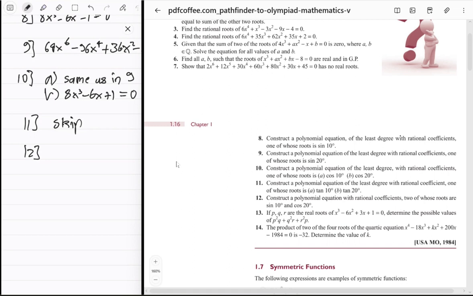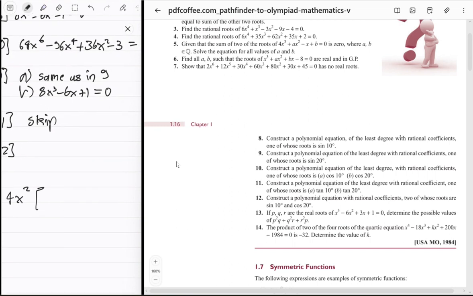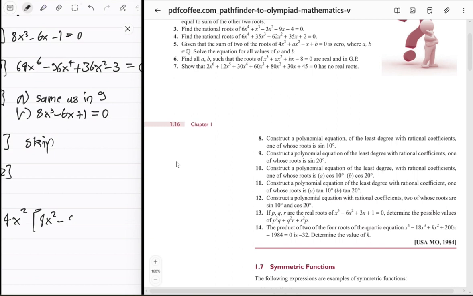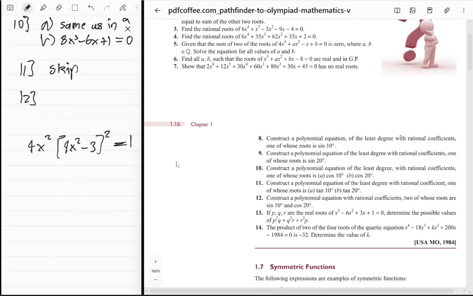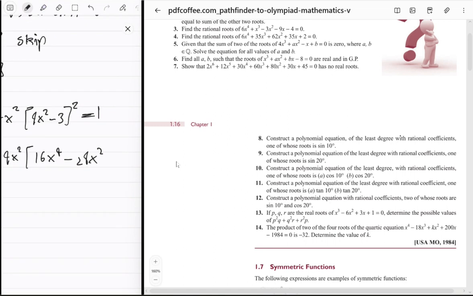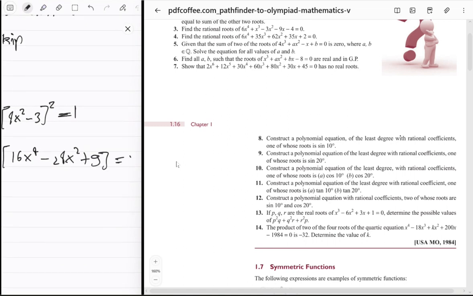So, okay, 4 times, well, just say 4x squared times 4x squared minus 6. Okay, that's gone. So (4x squared minus 3) squared is equal to 1. So you get 16x to the power 4 minus 24x squared plus 9 is equal to 1.